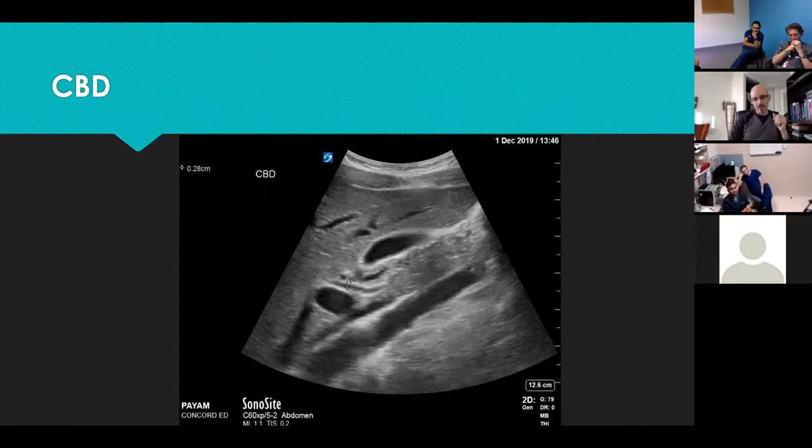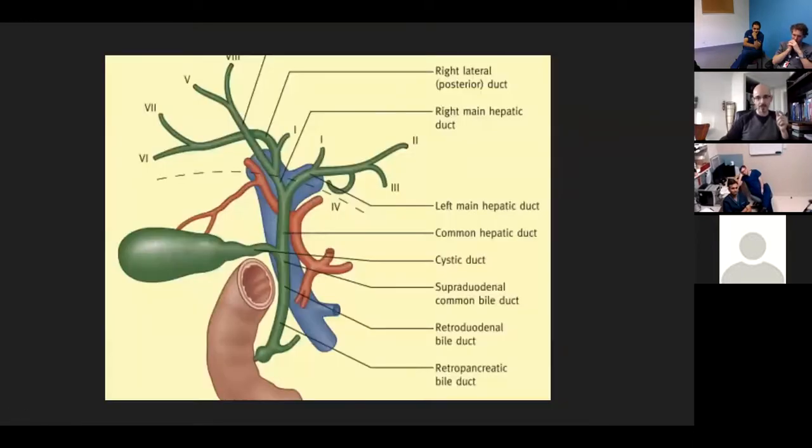Now, that causes a possible pitfall when you are scanning. Looking at the anatomy anteroposteriorly, we see a tubular structure at the posterior part, which is the far field of the screen, which is the portal vein.